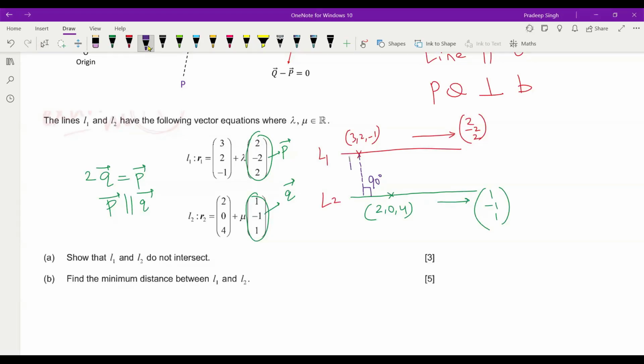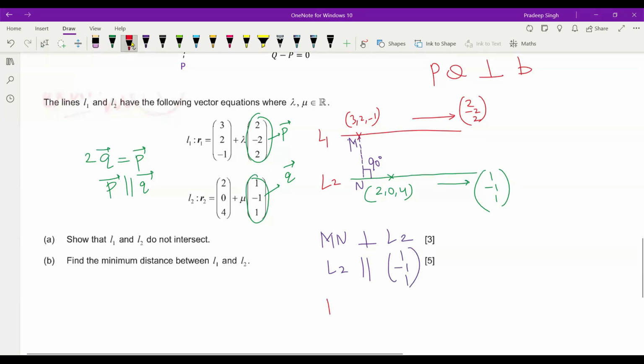Let's label the points. Let's say this is M and this point is N. So we can see that MN is perpendicular to the line L2, and L2 is parallel to this vector (1, -1, 1). So we can write that MN is perpendicular to (1, -1, 1).